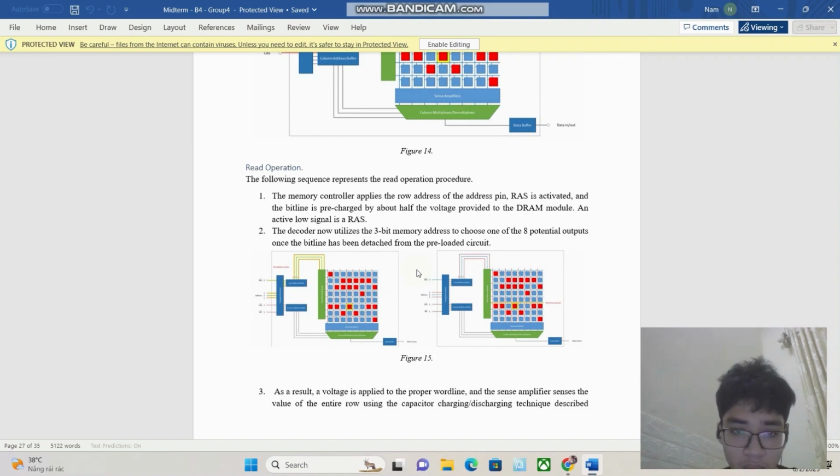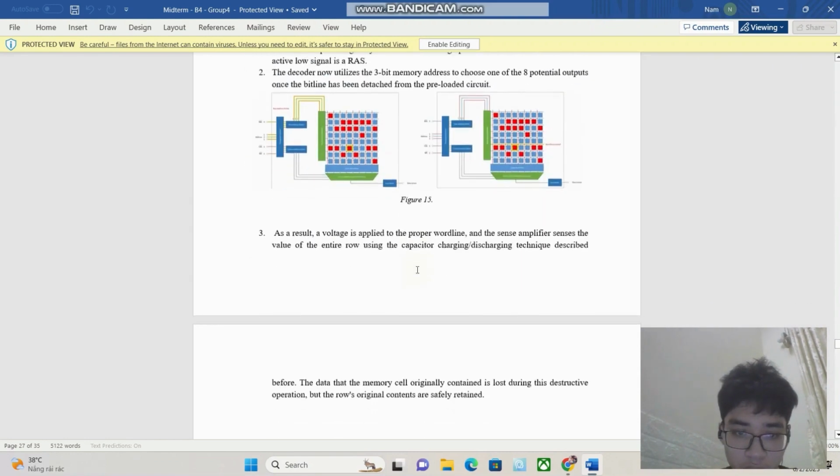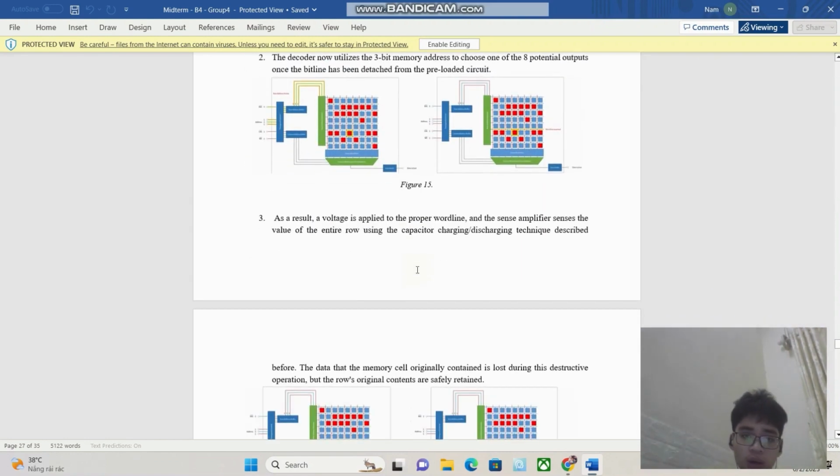The decoder now utilizes a 3-bit memory address to choose one of the 8 potential outputs once the bit line has been detected at the output from the precharge circuit. As a result, a voltage is applied to the proper word line, and the sense amplifier senses the value of the entire row using the capacitor charging or discharging technique described before.